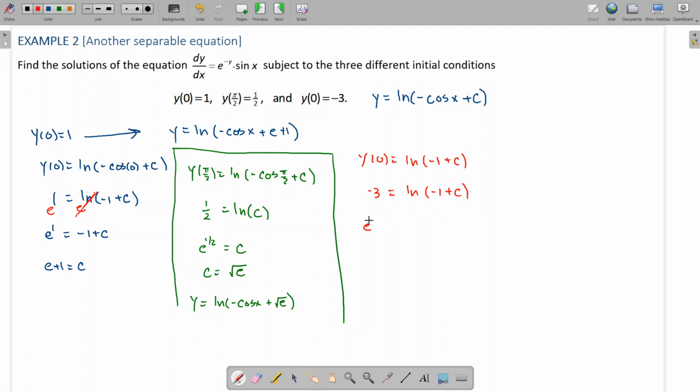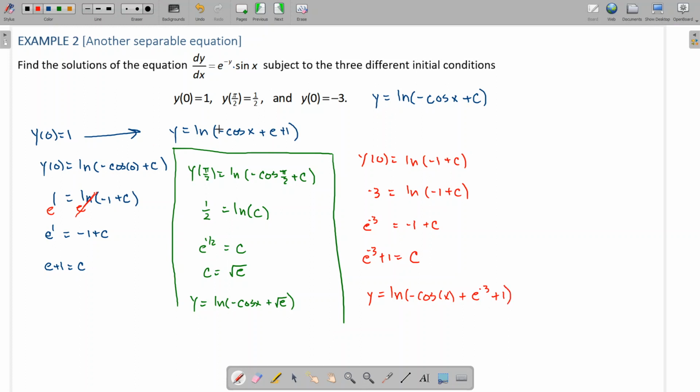So e to the negative 3 is equal to negative 1 plus c, and then you can add the 1 over. So e to the negative 3 plus 1 is c, giving you a final solution of y equals ln of negative cosine of x plus e to the negative 3 plus 1.